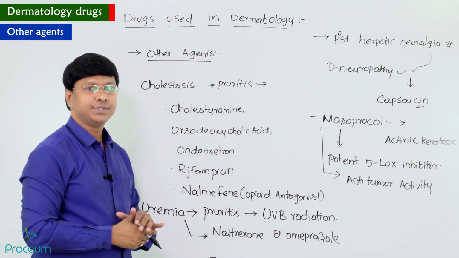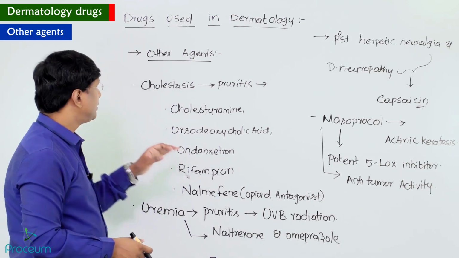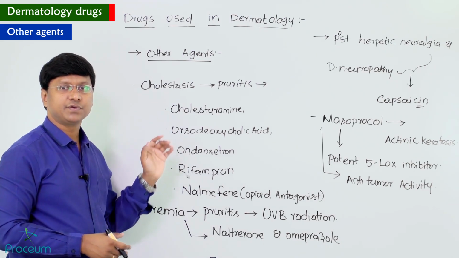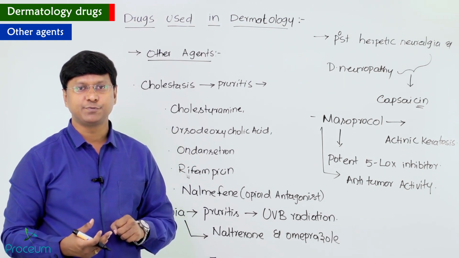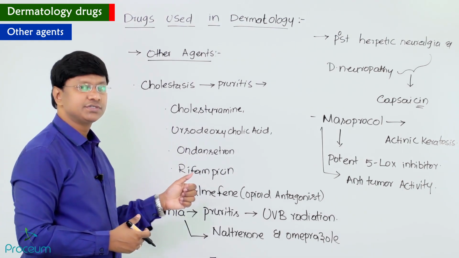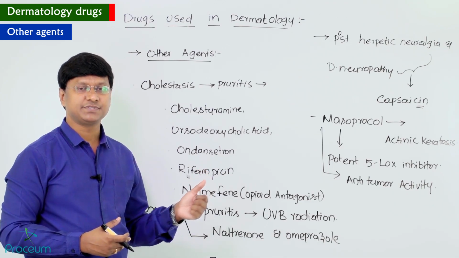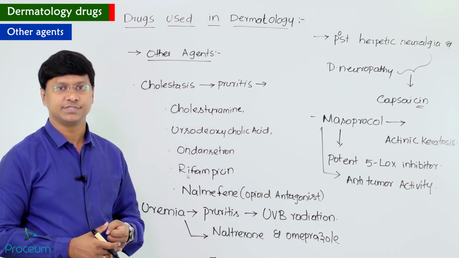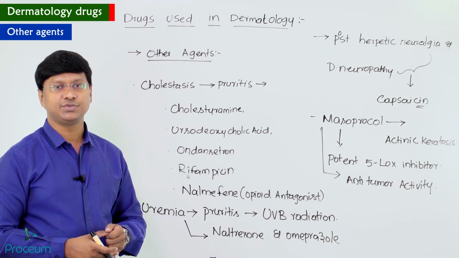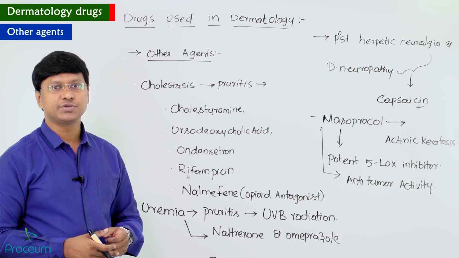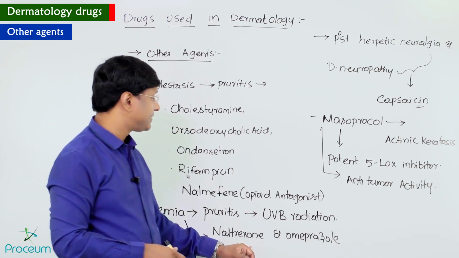Now remember, for the other agents: cholestasis associated pruritus may respond to cholestyramine, ursodeoxycholic acid, ondansetron, rifampicin and nalmefene, which is an opioid antagonist. The pruritus of uremia is most effectively treated with UVB radiation, and it may also respond to naltrexone as well as omeprazole.